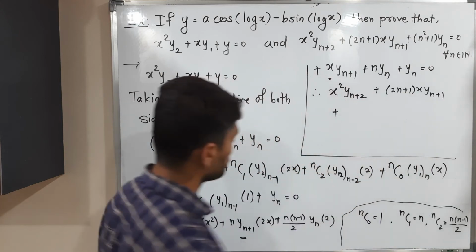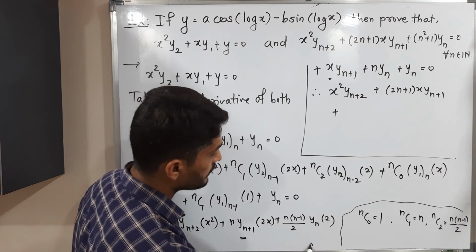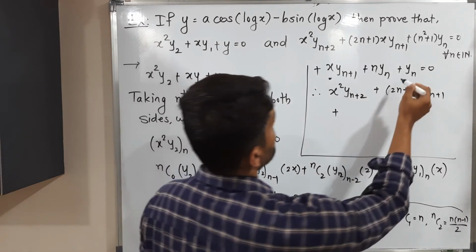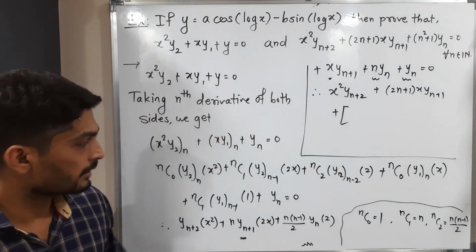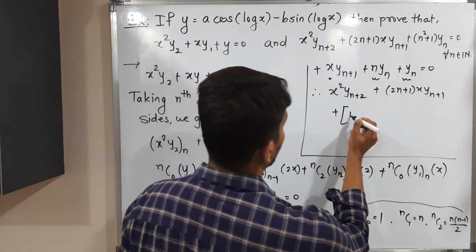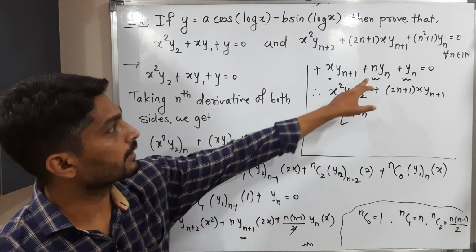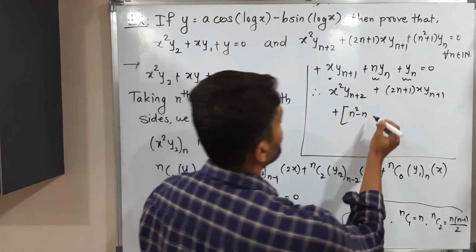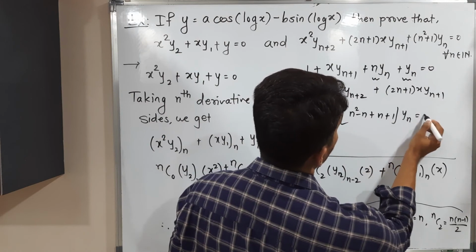Plus, let us collect terms of yn now. Let us take yn common and add the remaining terms. Here 2 will get cancelled, and here n square minus n. If you take yn common you will have n, and again you will have 1. So yn is equal to 0.